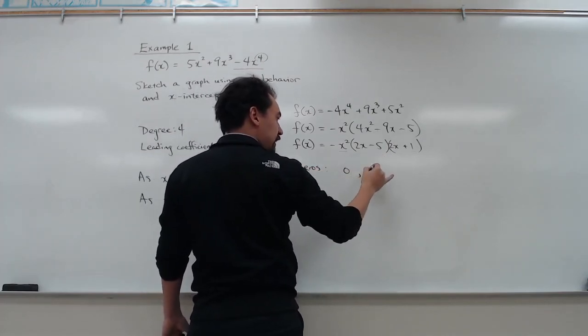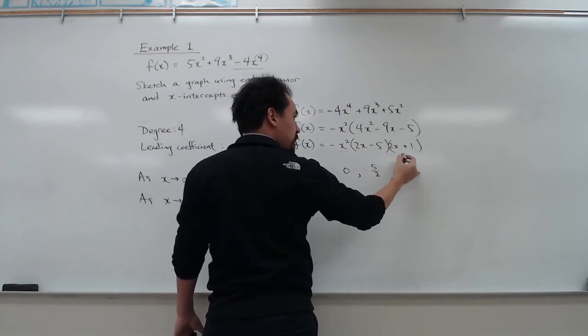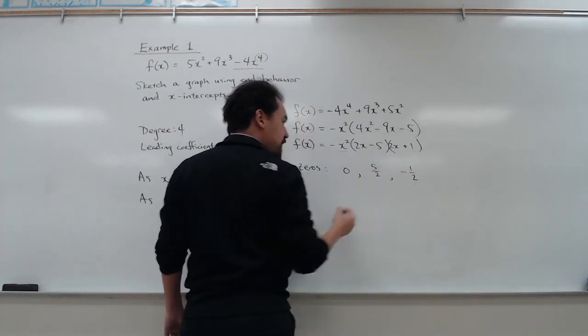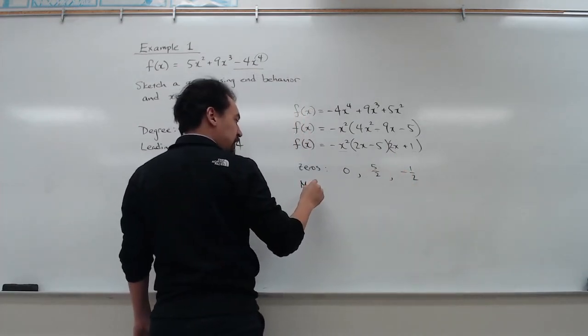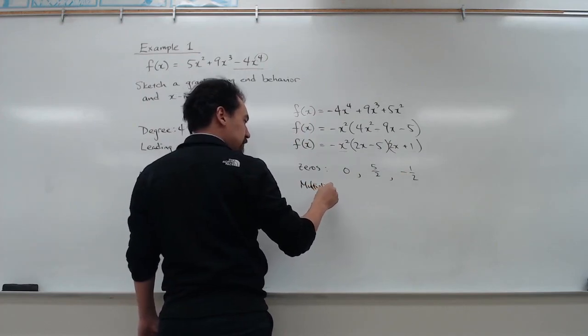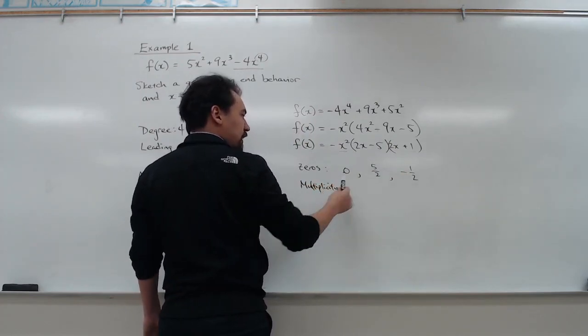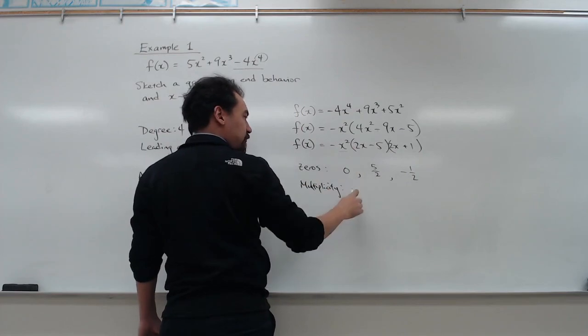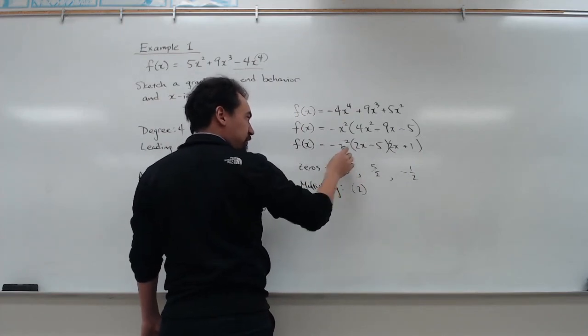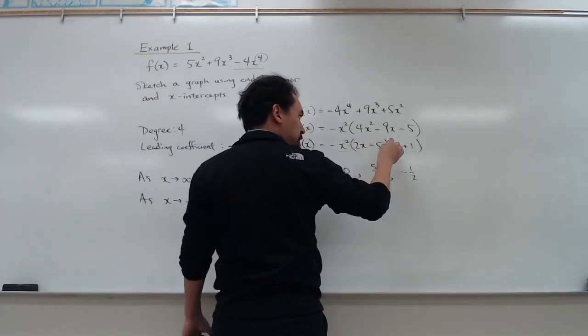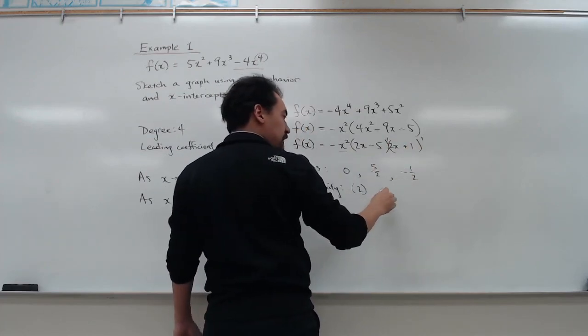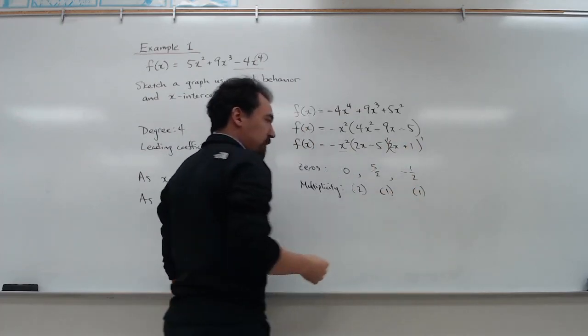To make this 0, I need x equals 5 halves. And to make this 0, I need to make x negative 1 half. And the multiplicity, I'm going to have this with a multiplicity of 2 because that factor has an exponent of 2. These factors both have exponents of 1, so the zeros have multiplicity 1 and 1.